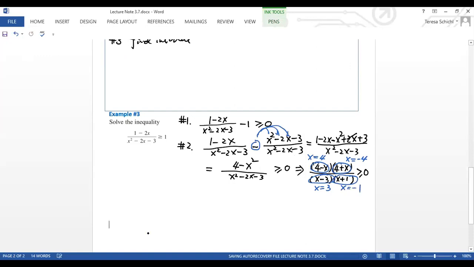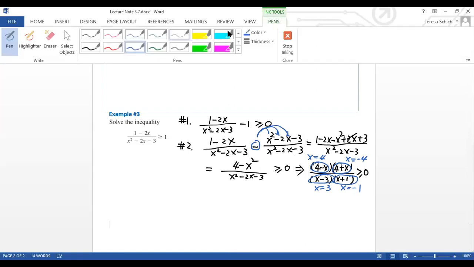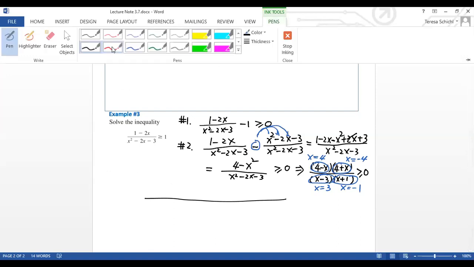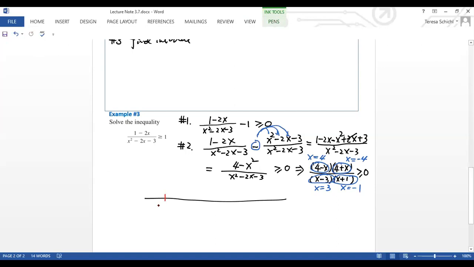Negative ones, right? Okay, so now here we do again. So number 3, they say find the intervals here. So now I'm going to put it into the real number line, put it in order. So the smallest one is what? The smallest one is negative 4, right? So it's here, negative 4.